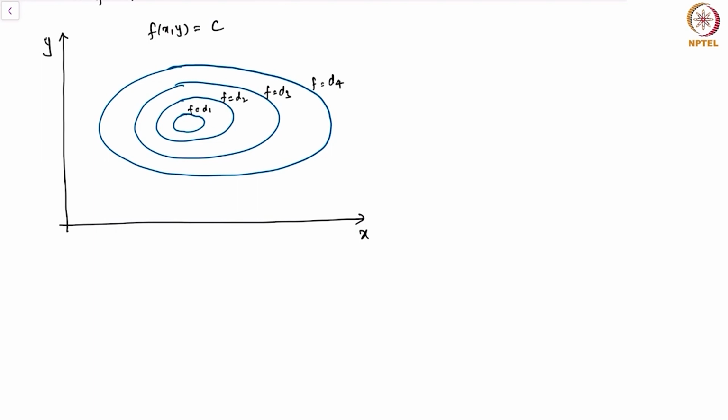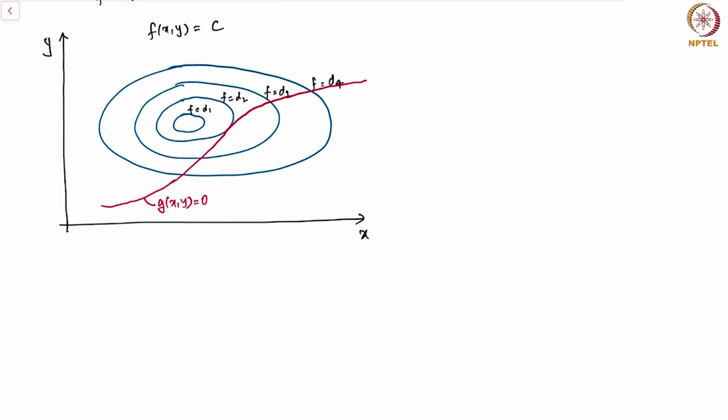Let's say I have a constraint function which is some function in this form. This function here is g of x comma y, so now we have a constraint g of x comma y equal to 0.